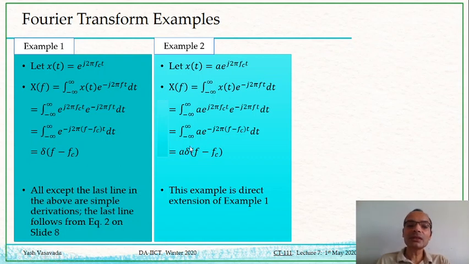If you repeat the derivation, we get the same answer of this delta function centered at f of c, except now you see that the delta function has been weighted by this small a. Why? Because the input is weighted by a. So our analysis is correctly telling us that there is only one frequency present, that is why it is this delta function, and that frequency is additionally weighted by this scalar a.